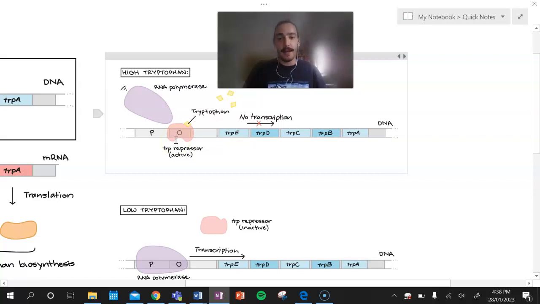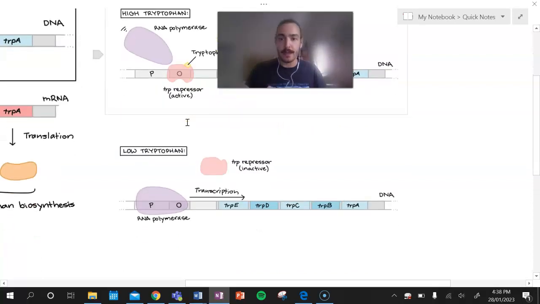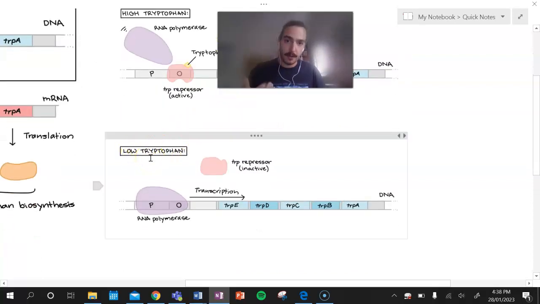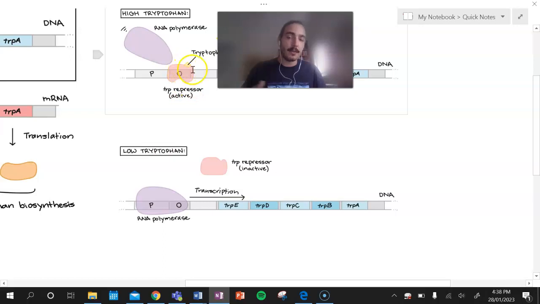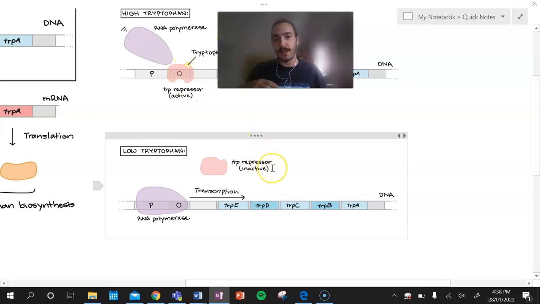Now let's say we use up all our tryptophan. We've used it in our protein production, and now suddenly we don't have any tryptophan. So now it's a low tryptophan environment. Well, now the tryptophan that was previously joining onto that repressor and allowing it to bind onto the operator is suddenly not there anymore. So we take that away, and now suddenly our repressor can't bind to our operator.